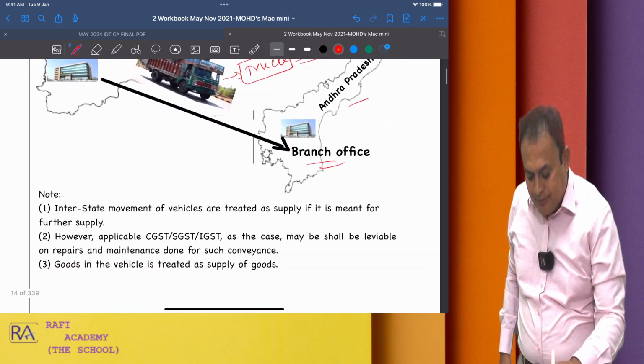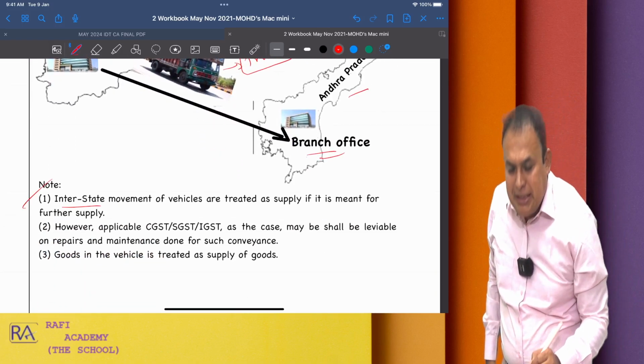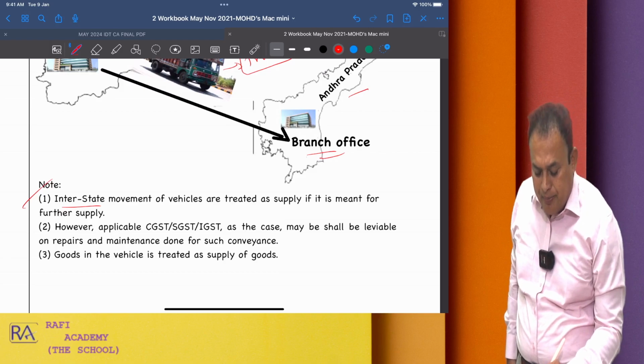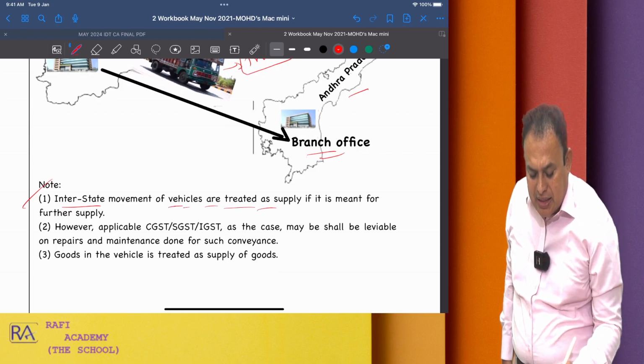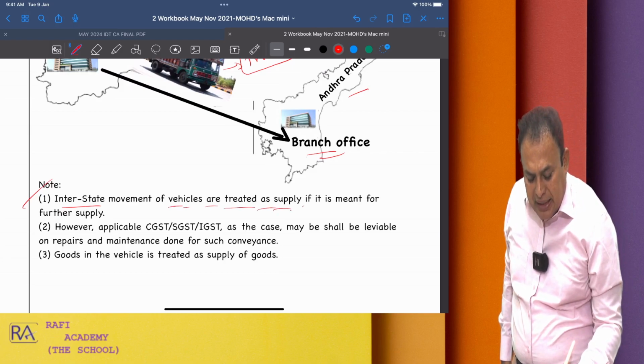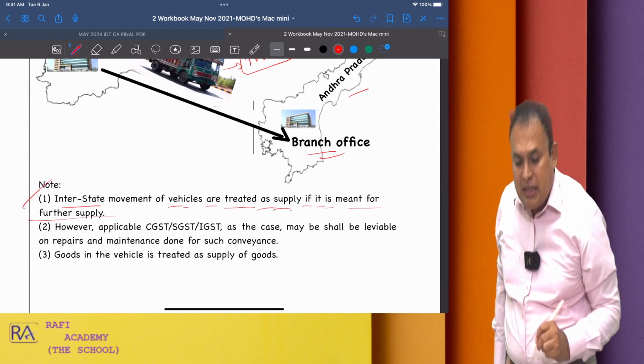They said interstate movement of vehicle is treated as supply if it is meant for further supply.